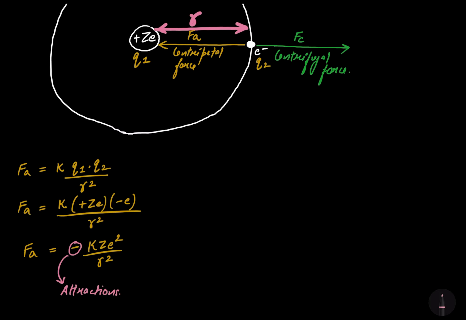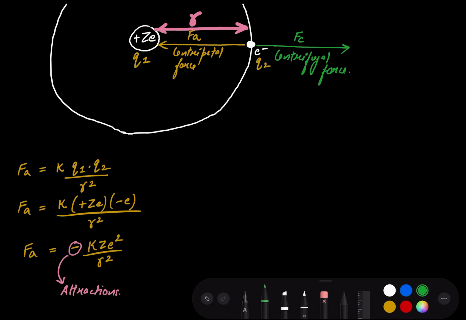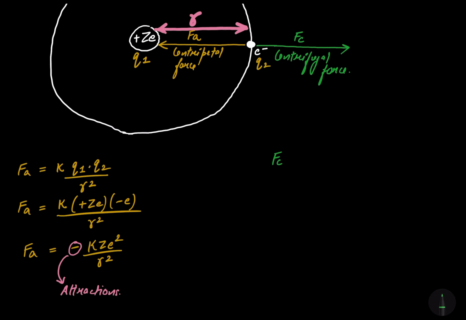So now students, let's talk about the centrifugal force. I am writing the centrifugal force. The centrifugal force has a formula of m v square divided by small r, where m is the mass of the electron and v is the velocity of the electron. This is the formula for the centrifugal force that you must have learned in your junior classes. What is m? m is the mass of electron. What is v?